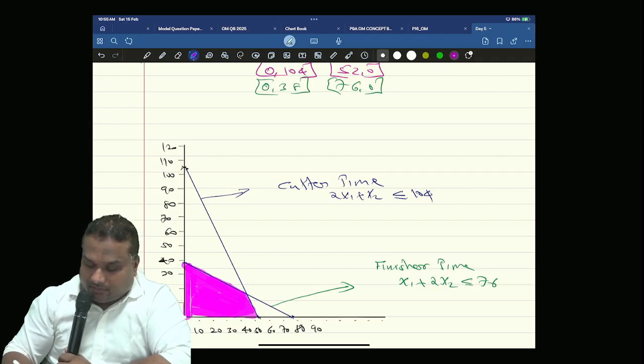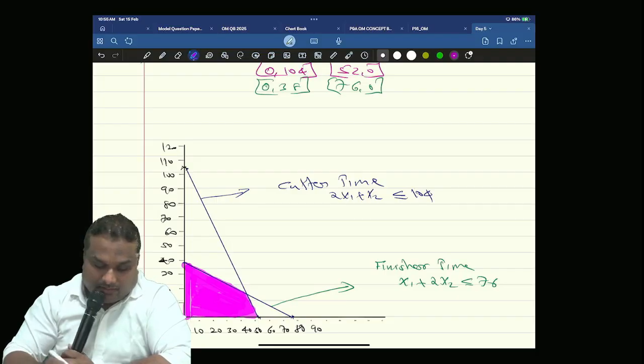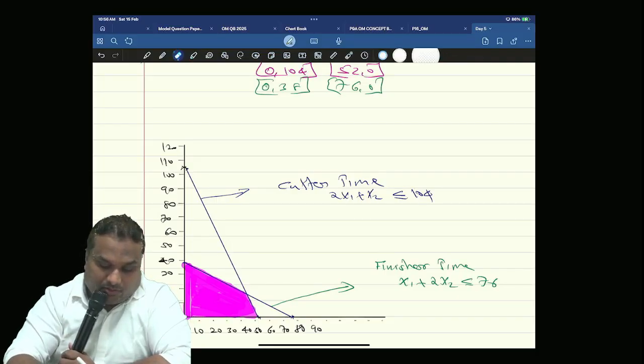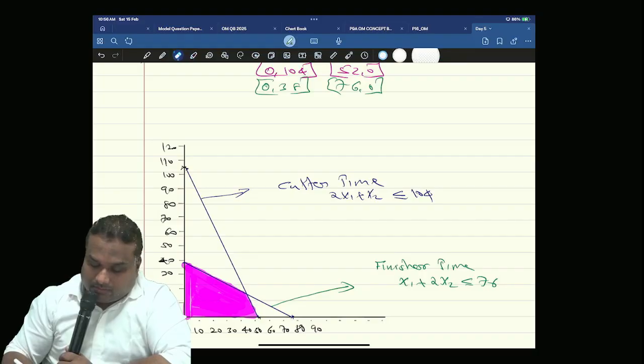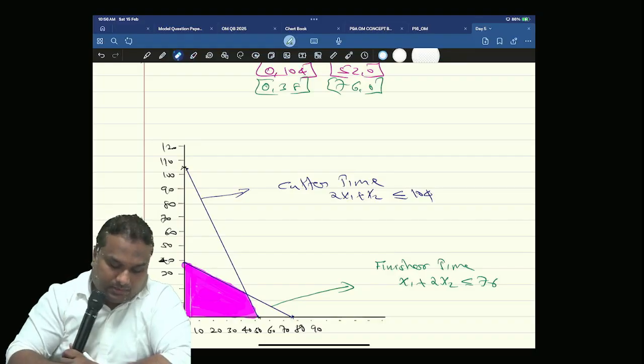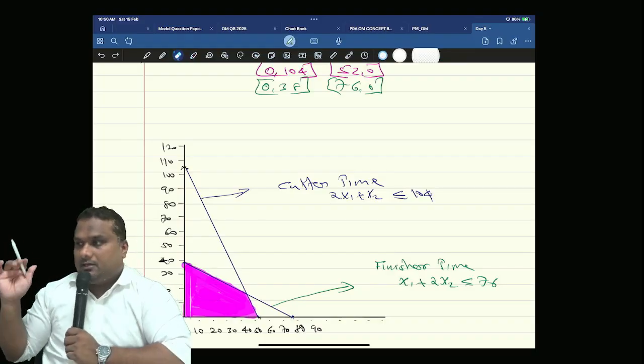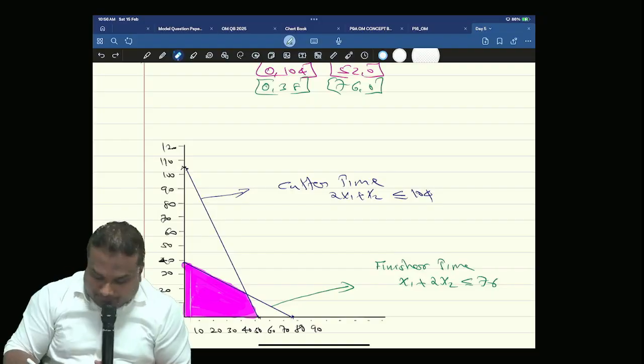This is the feasible region. It should not go outside. Correct? You understood?